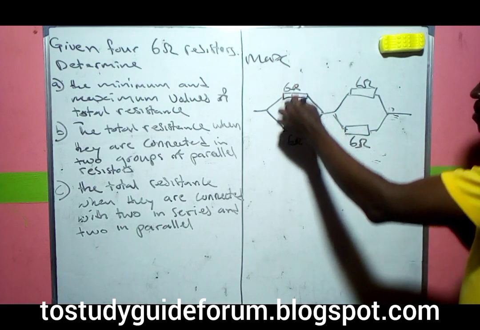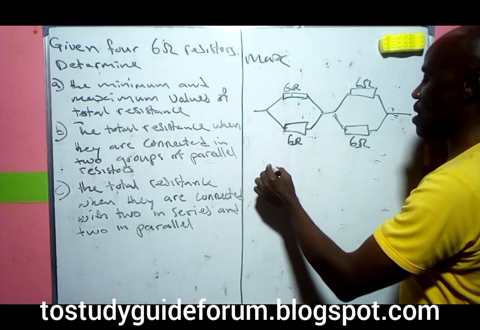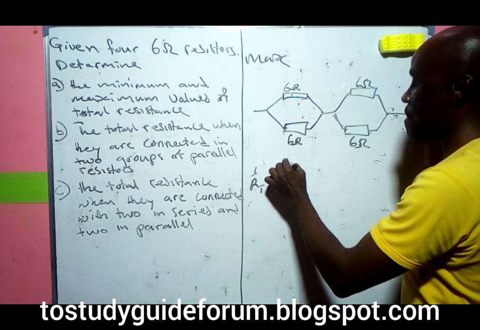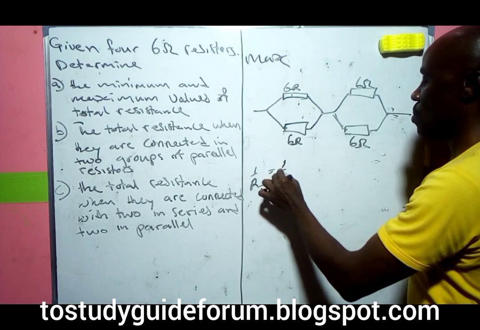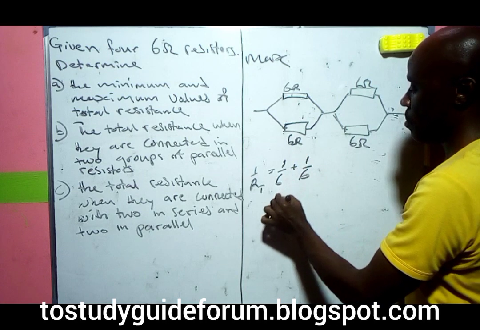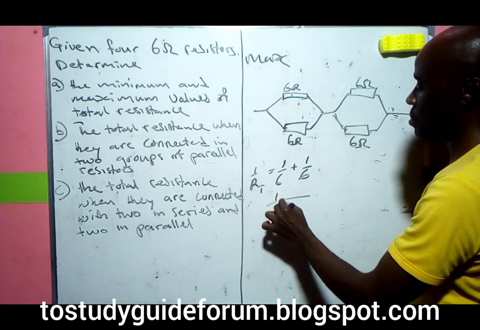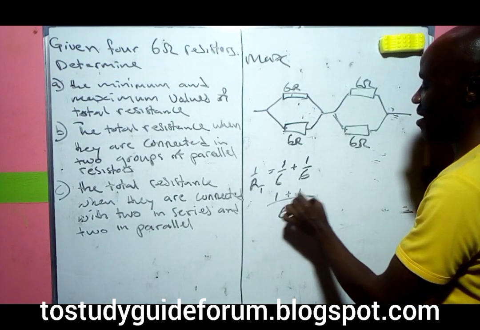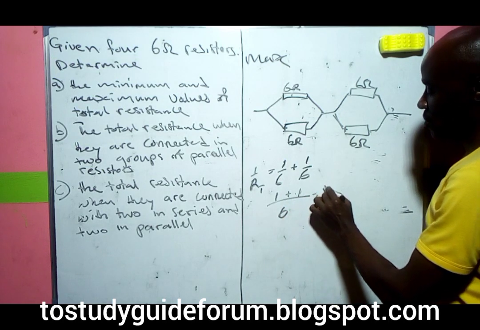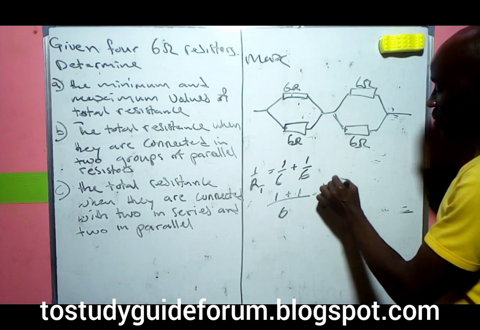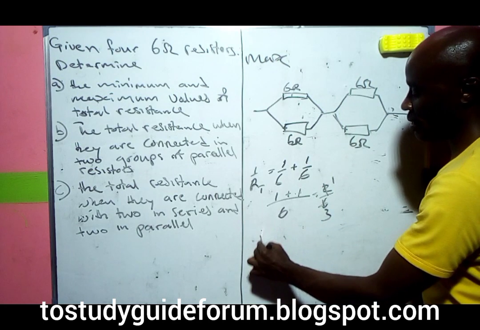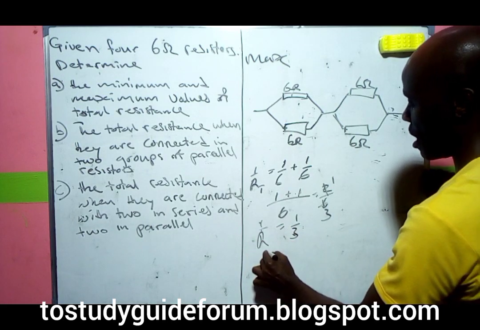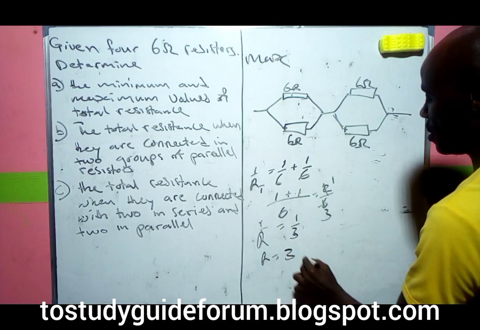If we bring them together, we have 2 over 6, which gives 1 over 3, so the inverse R will be equal to 3 ohms.